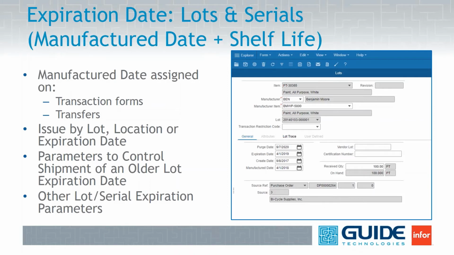And then I can issue by lot, location, or expiration date. Used to be only issued by lot or location. And within the parameters, I control the shipment of an older lot of an expiration date, so I can have it flag me if I don't want to ship something from an older lot or an expired lot. And there are some other new lot and serial parameters as well.